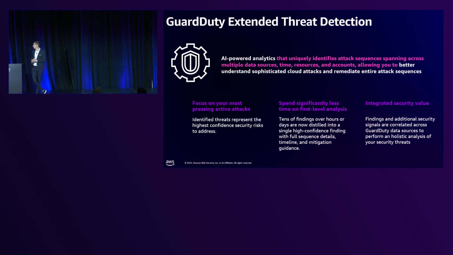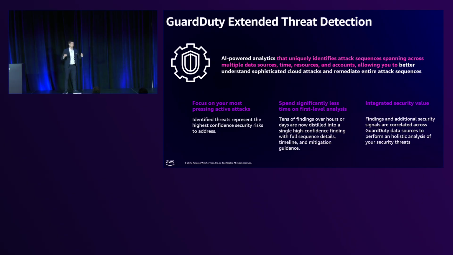So what we released last re:Invent, about 6 months ago, to address the need of customers to understand how different security alerts relate to each other and which alerts are really the ones they should evaluate most carefully, is called GuardDuty Extended Threat Detection. This capability is enabled automatically with no additional cost.